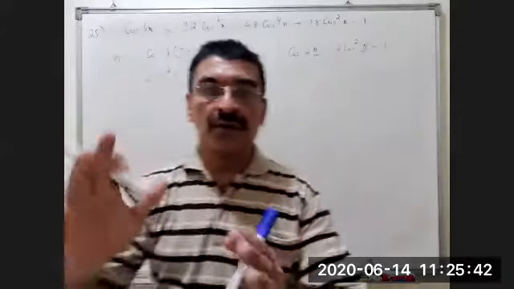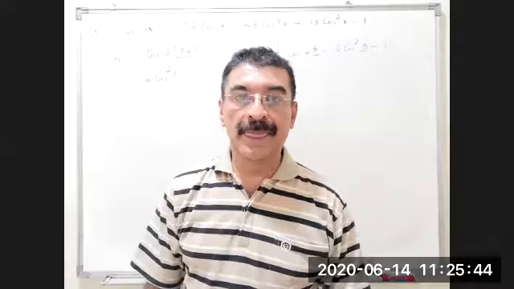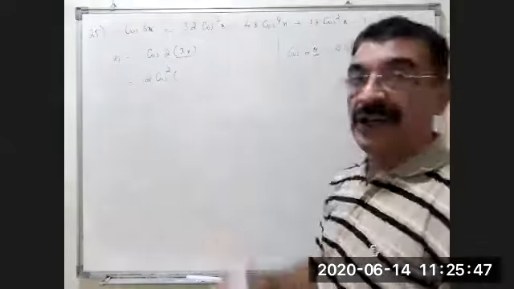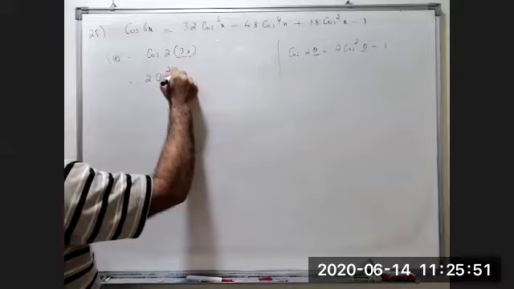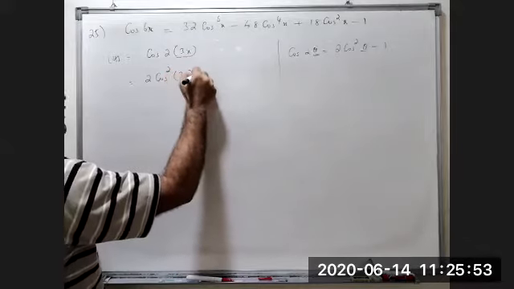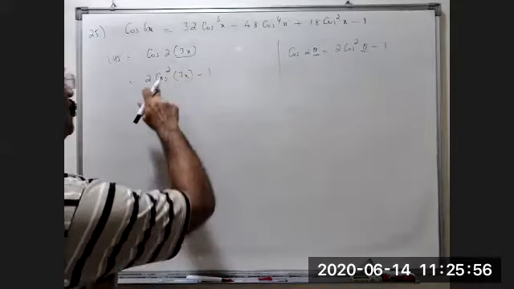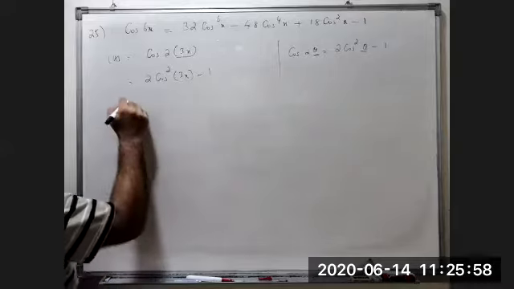Theta can be replaced with 3x. So 2 cos square, instead of theta, it is 3x, minus 1: 2 cos square 3x minus 1.